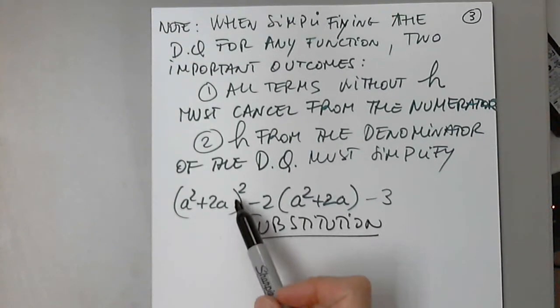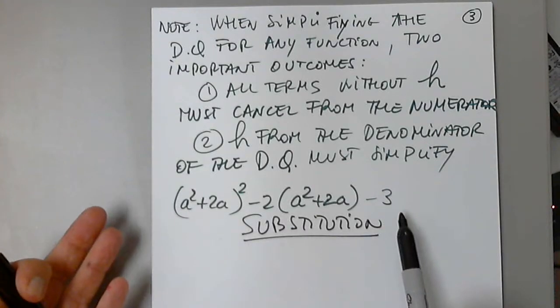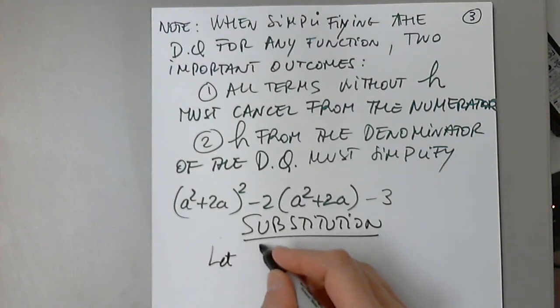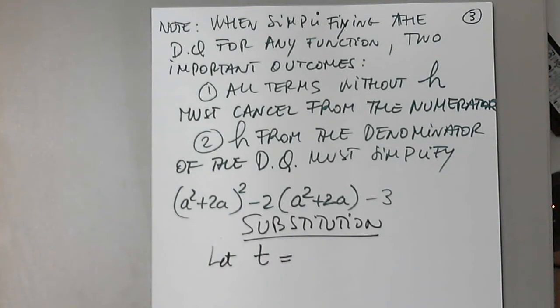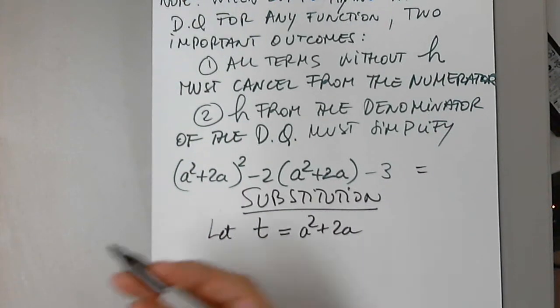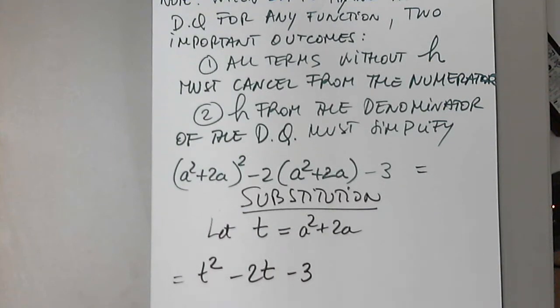But if I don't substitute, then I will have to raise this to the second power and I will have a to the fourth, and then I'll try to simplify combining like terms. It's still easier if I use a substitution. Let t be what do you think? A squared plus 2a. So then the new expression becomes t squared minus 2t minus 3.